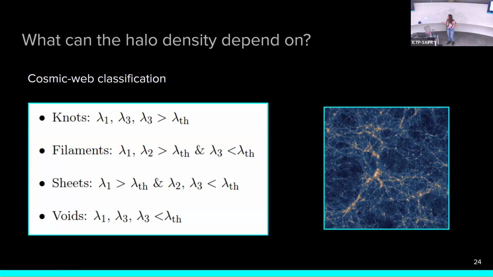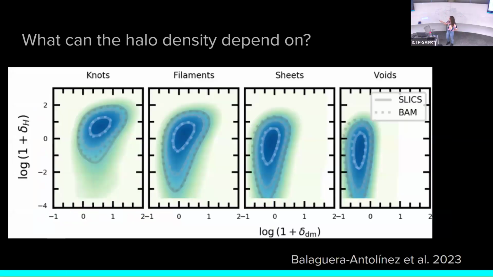When I do this, sorry, this is just to illustrate my point, because this is the halo density versus the dark matter density, computed for each of these cosmic web regions. So you see that there is some difference here, and there might be some information, because if you have a different model for each of these relations, you're somehow capturing another contribution.